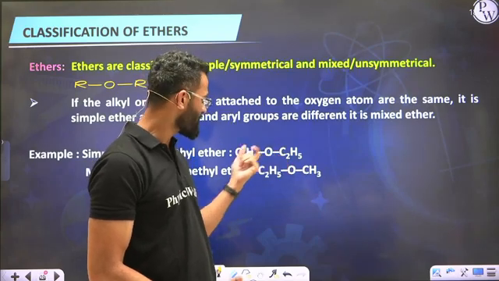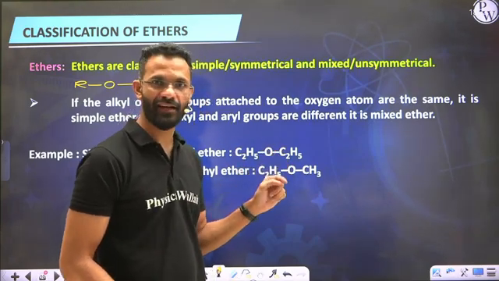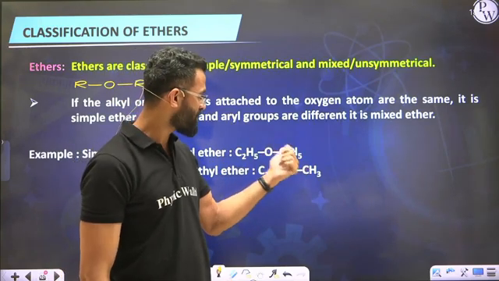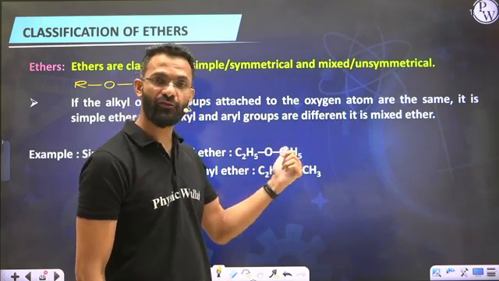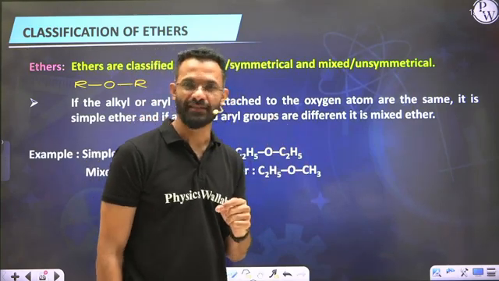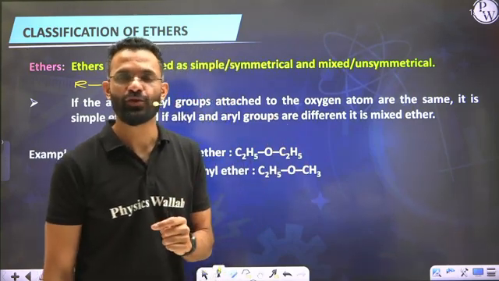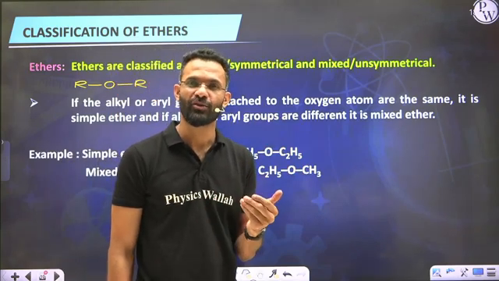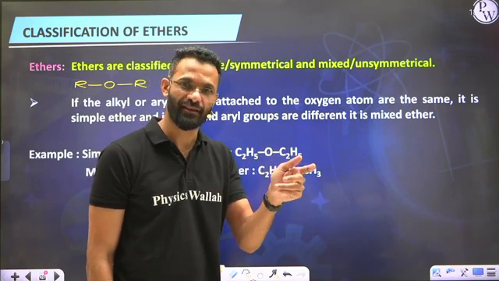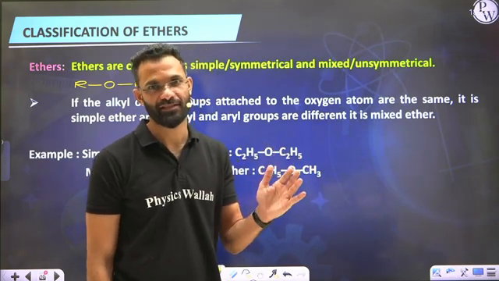Imagine instead of ethyl, if I would have had two methyls, I would have called it as dimethyl ether. Imagine if I would have had both phenyl, I would have called it as diphenyl ether. So in case of symmetrical ether, by definition we know that both the alkyl or aryl groups are going to be identical. I can simply use the term dialkyl followed by the word ether in the common system of nomenclature.